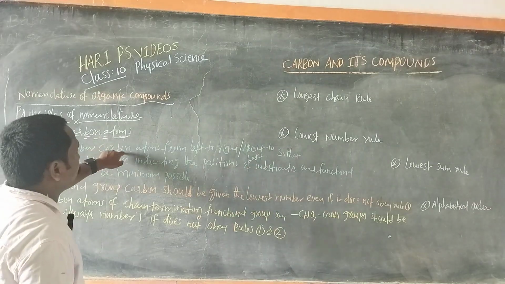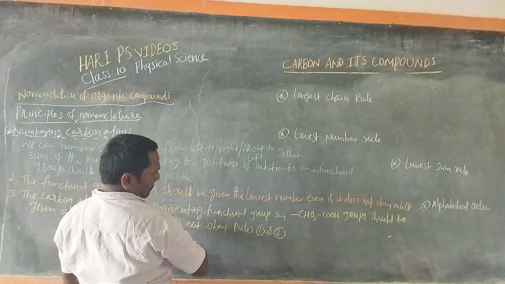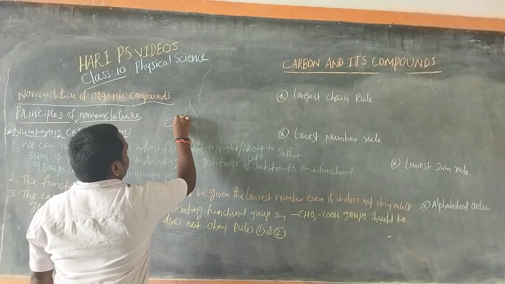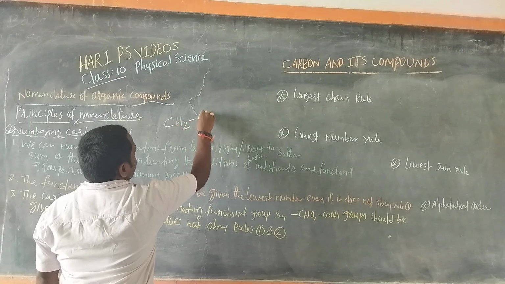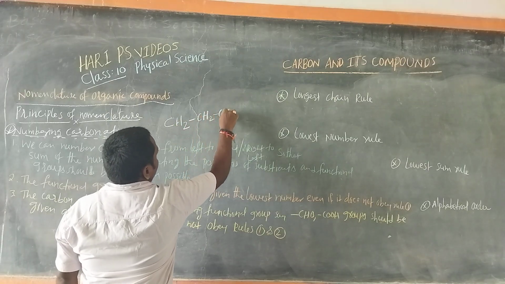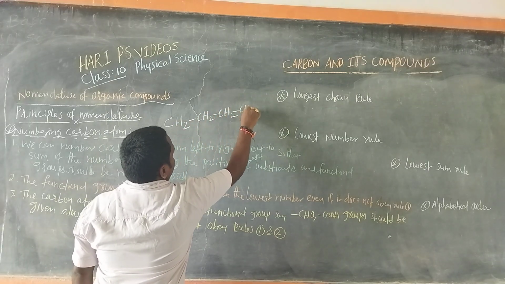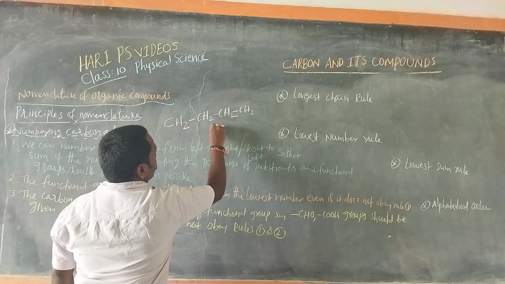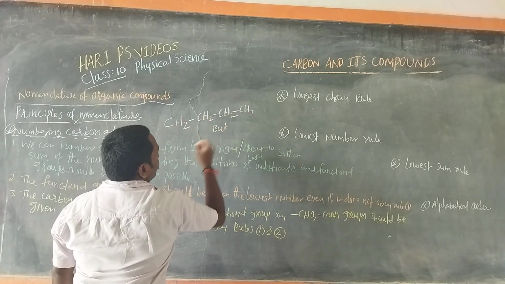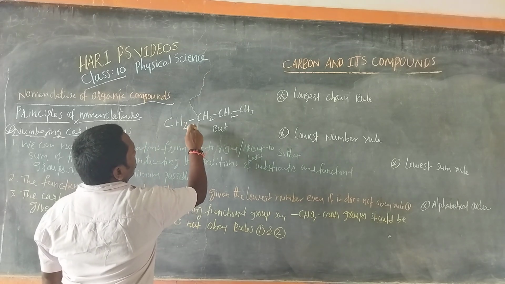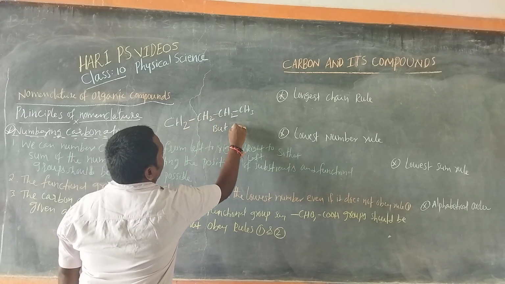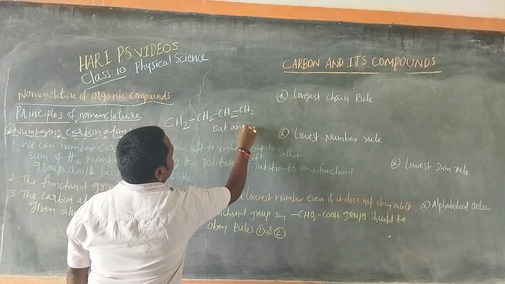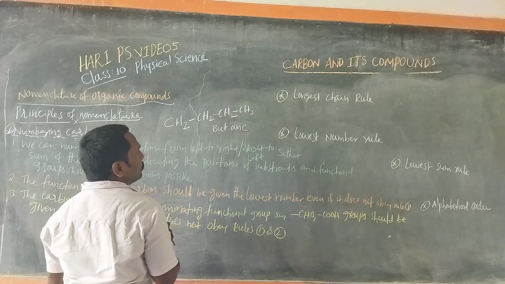For example, take a compound CH3, CH2, CH2, CH3. How many carbons? 1, 2, 3, 4. So the word root is but. Single bonds are there, so no unsaturation, and the ending is ane for a single-bonded compound.